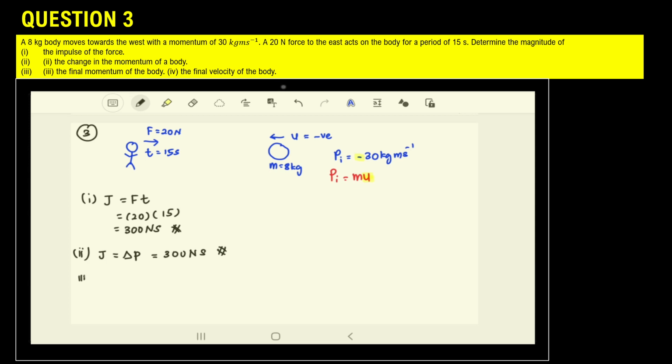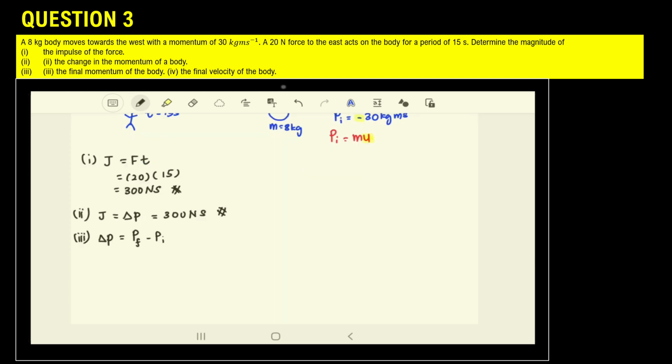Okay? And the third one, we want to find the final momentum of the body. Remember, the change of momentum is equal to momentum final minus momentum initial. So now we want to find the final momentum. P final is equal to delta P plus P initial.